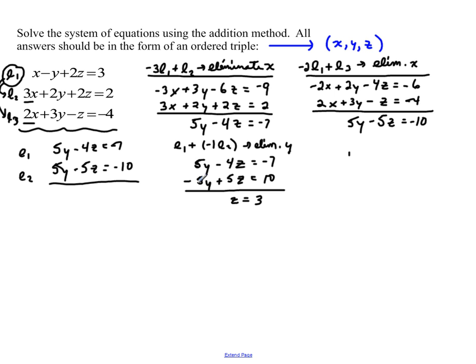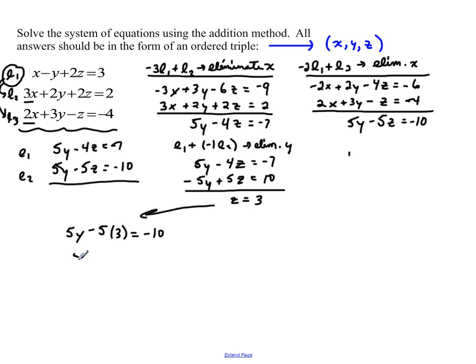All right, so the next bit is to back substitute. So we're going to solve for y next using one of these two original equations right here. So let's take the second one just for kicks. Let's see what happens. Let's take 5y minus 5 times z, and z in this case we know is 3, should equal -10. All right, I know my handwriting here is not doing justice to all of this. I'll try it one more time here.